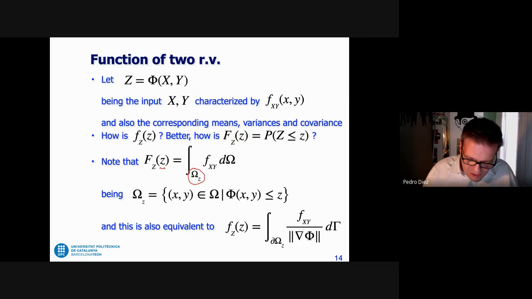Then we end up with an expression like this one, which corresponds very much with what we had in 1D, because it is the integral over the points of the boundary of omega z, which are exactly the points in which phi is equal to z, of the original density divided by the norm of the gradient, which is, as we said before, the inverse of pi.